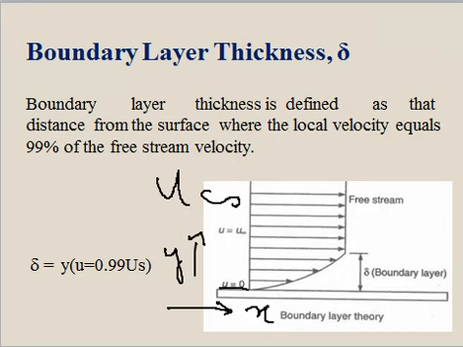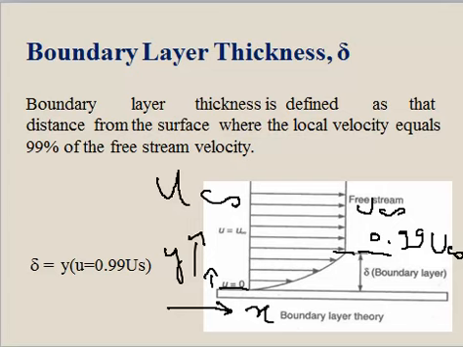Now as you move away from the surface, the value of velocity will increase, and after a particular distance, consider this distance del, the value of velocity will become 99% of the free stream velocity u infinity. And outside this thickness the velocity is constant, which equals u infinity.